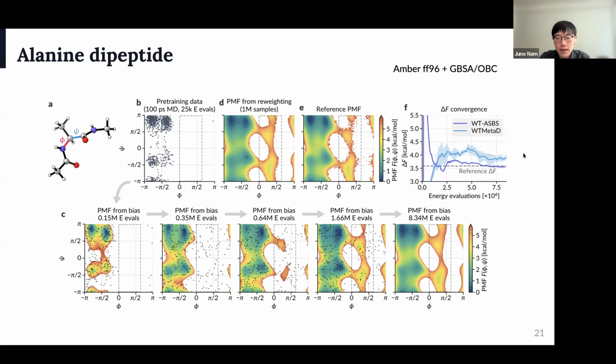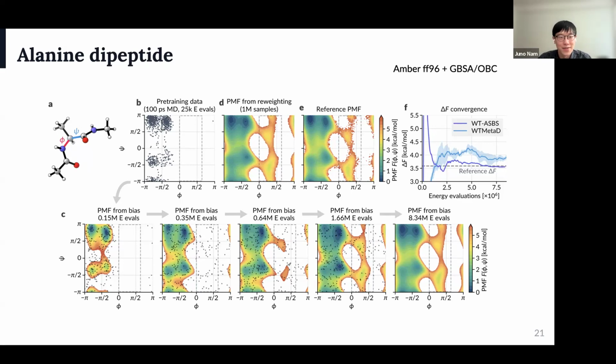So the benefit here is we get the free energy convergence and also prevent mode collapse as well. But the thing is, the x-axis here is the number of energy evaluations. So we're ignoring the number of function evaluations with the neural network control model that we have here.